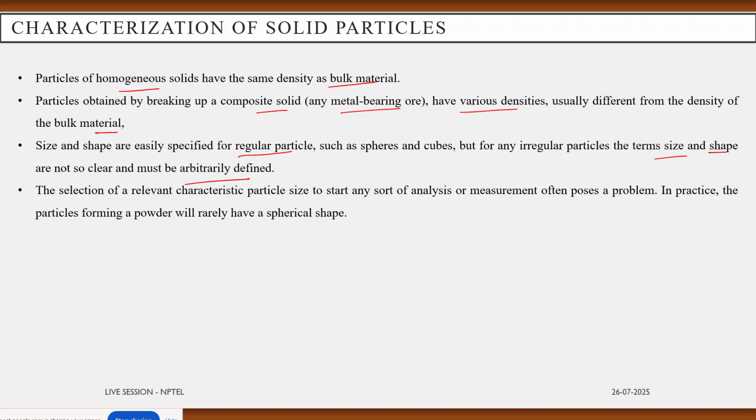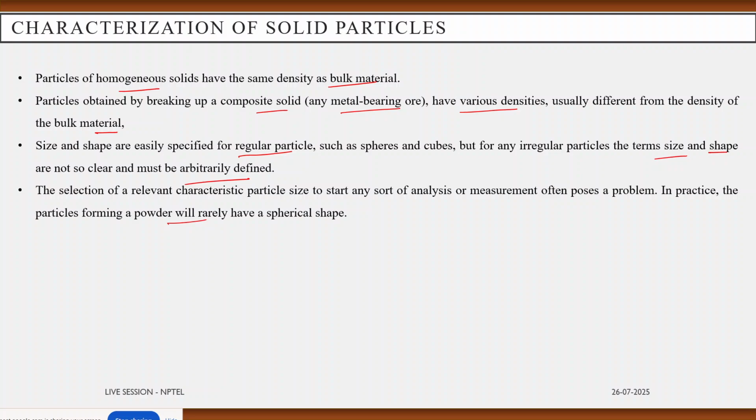So the selection of a relevant characteristic particle size to start any sort of analysis, whether size analysis, density analysis, or any other measurement, actually poses a great problem in the plant, or in a larger view, when you are dealing with a lot of bulk solids in industry. In practice, the particles forming a powder will rarely be spherical in shape.